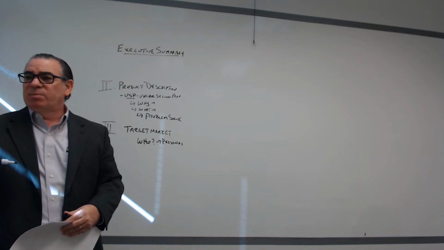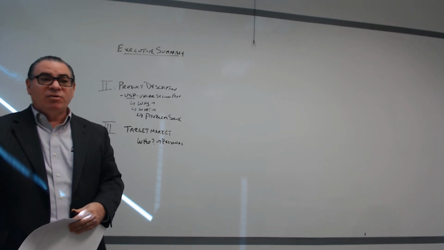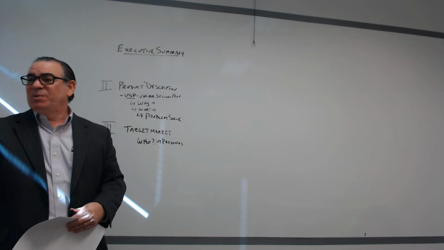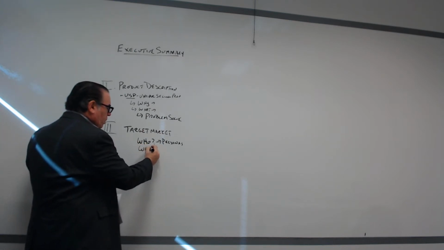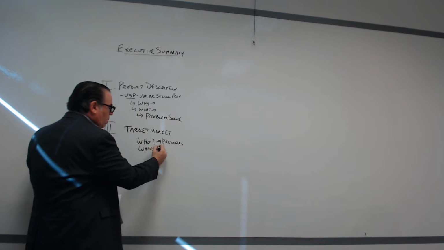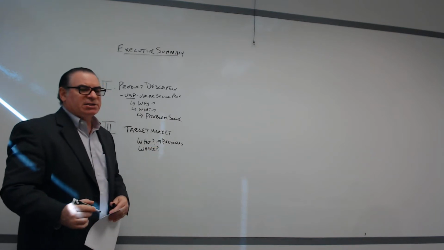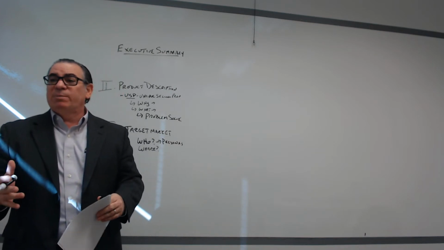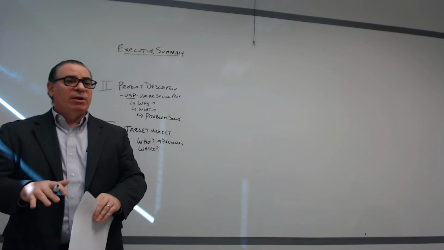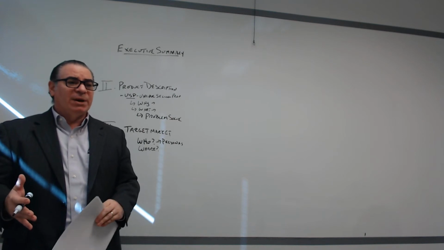What's the other part of the target market you need to have? The other part would be the where. Where are all the people you're trying to go after, right? Make sense? So in this case, if it's a geography, if you're opening up a store in Miami, then where do they live around the Miami area?